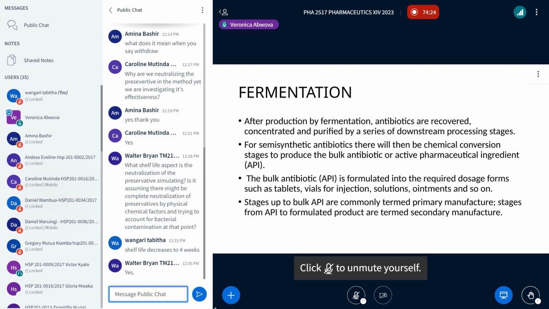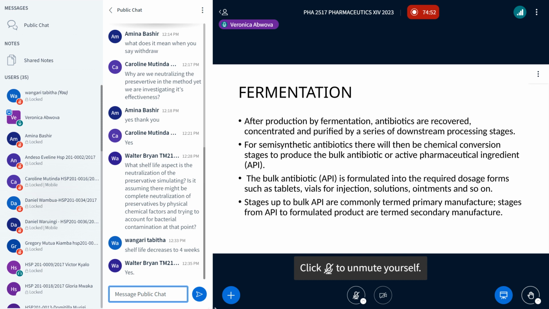So these microorganisms have found a lot of use. The list, of course, is not exhaustive. Remember, we had a longer list when we were looking at microorganisms earlier in this unit. You can look at that. Microorganisms have found a lot of use in pharmaceuticals. So let's look at fermentation.